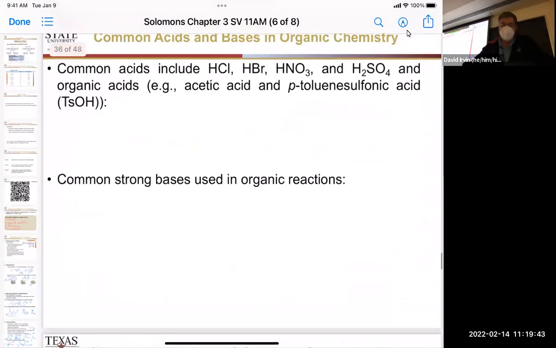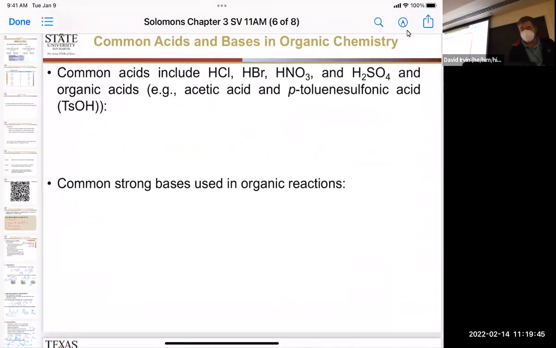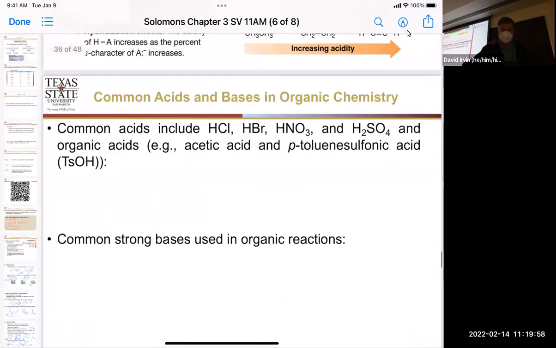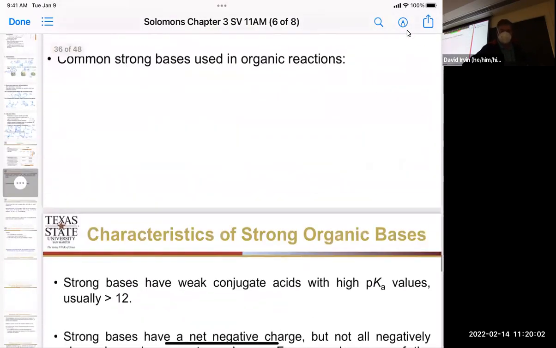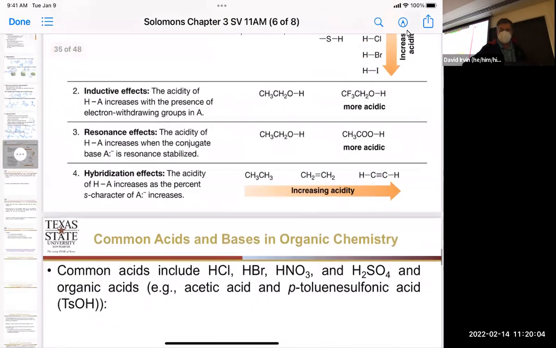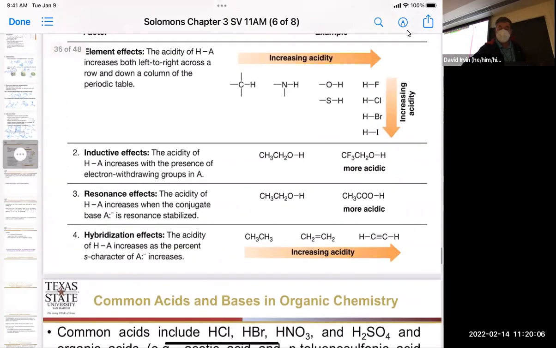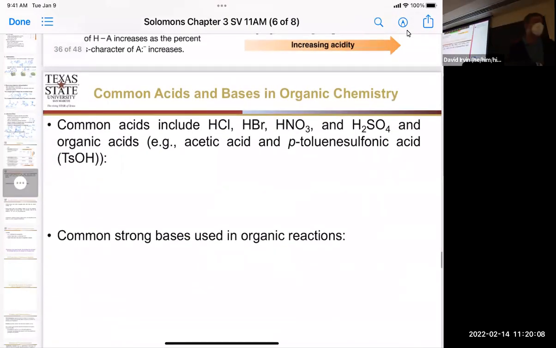All right. So when we think about really, really strong acids, we think about things that are, oh, sorry, skip the slide. Where's my slide? On the slide that's supposed to be here, I actually have pKa values to remember.